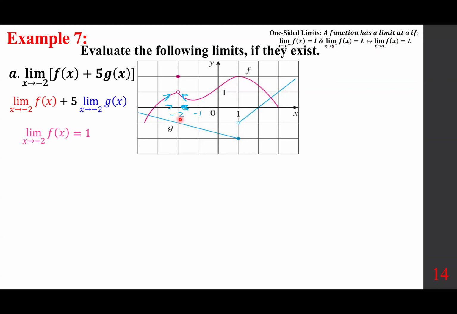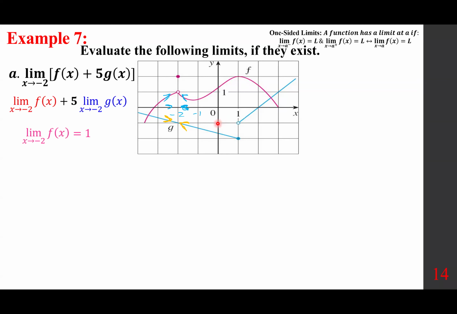For g of x, from the left we are moving this way. From the right, we are moving this way. And again, the limit exists and it's equal to the y coordinate of that point, negative 1.